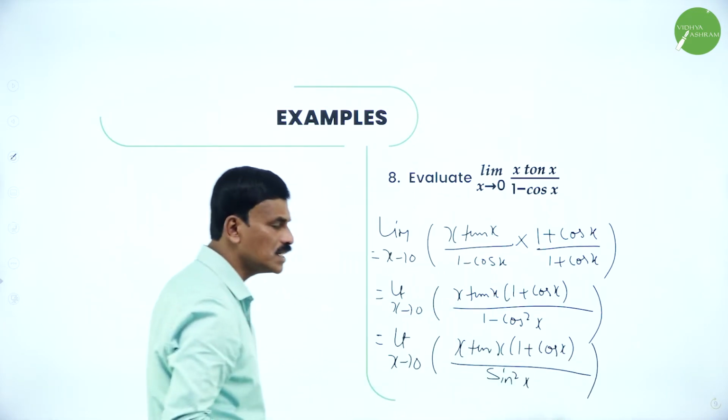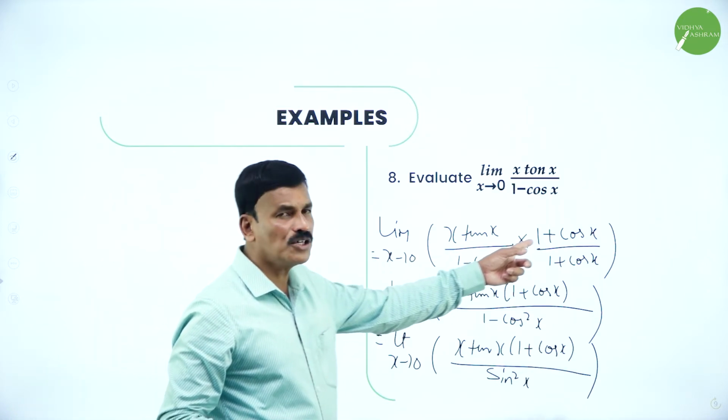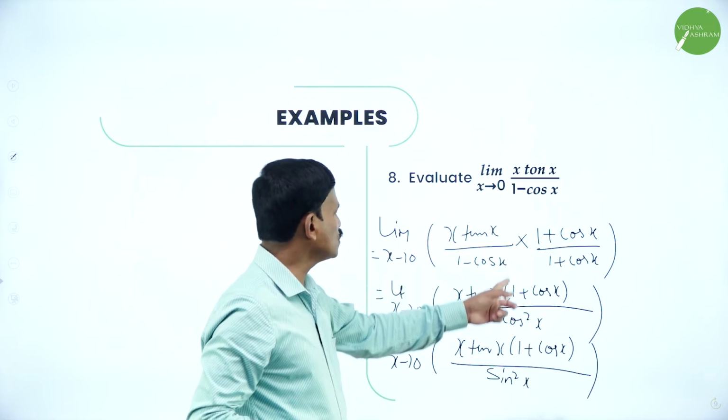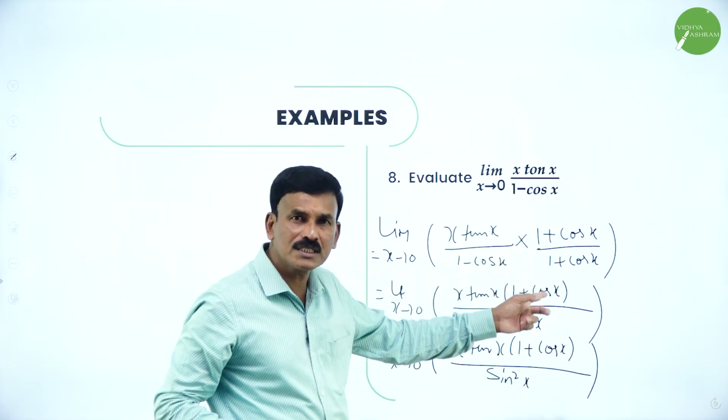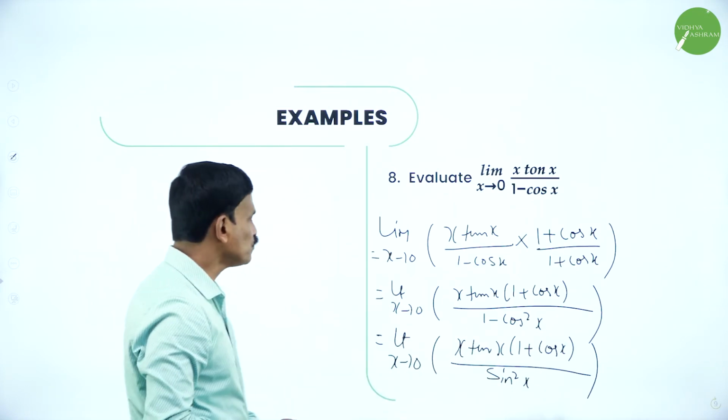Now let us spread this. Hope you followed this. See, just multiply and divide by (1 plus cos x) both in numerator and denominator. X tan x into (1 plus cos x) divided by (1 minus cos x) into (1 plus cos x) is 1 minus cos square, 1 minus cos square is sin square.